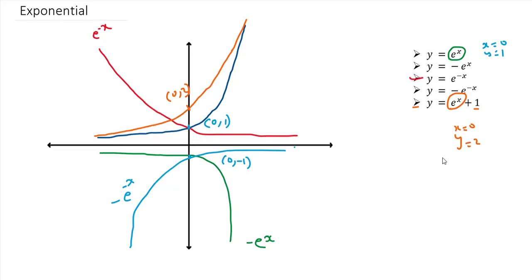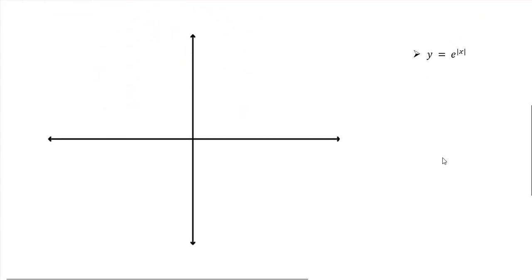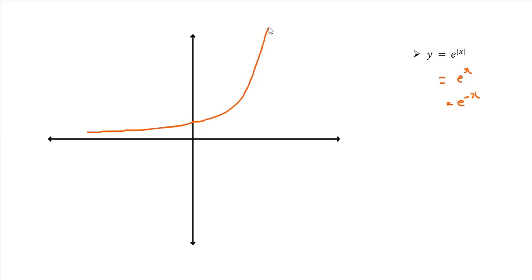Let us now introduce modulus in this graph and see how to plot this. So in this graph, we have to plot y equal to e raised to mod x. When we open the mod, we'll get y equal to e raised to x and y equal to e raised to minus x. The graph for y equal to e raised to x will look like this. And the graph for y equal to e raised to minus x will look like this.